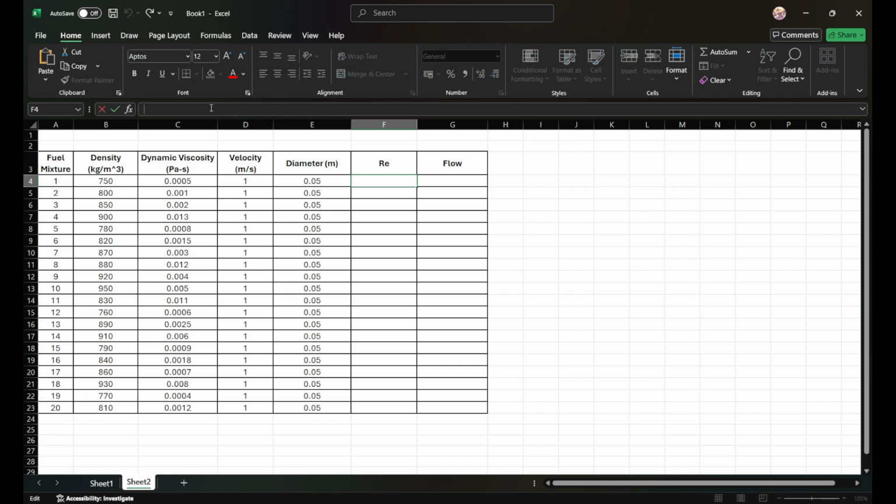For stuff like this, you can just construct the formula from scratch. The formula for the Reynolds number is rho V D over mu. That's the product of the density, the velocity, and the diameter over our dynamic viscosity in Pascal seconds, denoted as mu.